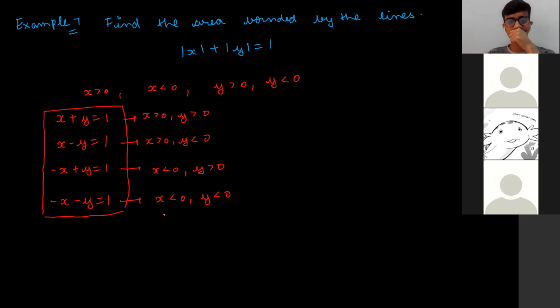I'm getting a diamond or a square. Squarish diamond. Square diamond, okay. Yeah, so you'll get a square.